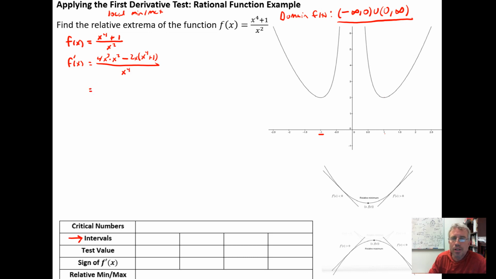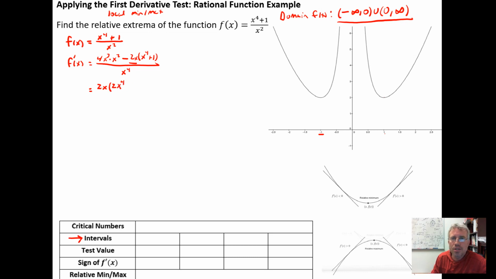And then I want to do a little bit of cleanup. I want to notice that 2x shows up as a factor in both terms that are separated by the minus sign. So a good move would be to factor a 2x off. If I factor a 2x off of this first term, I'll get a 2x to the fourth left behind.